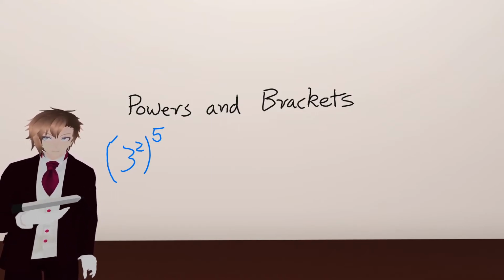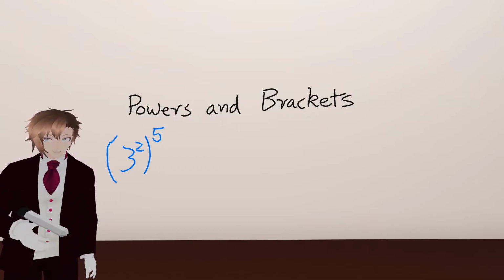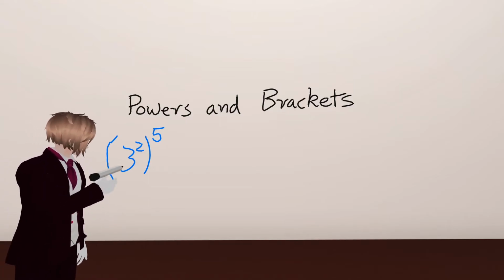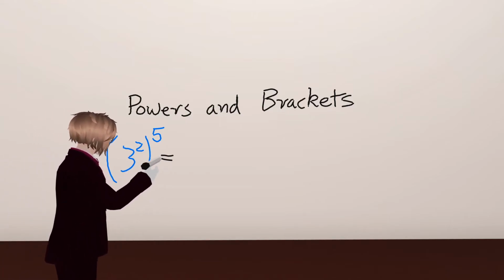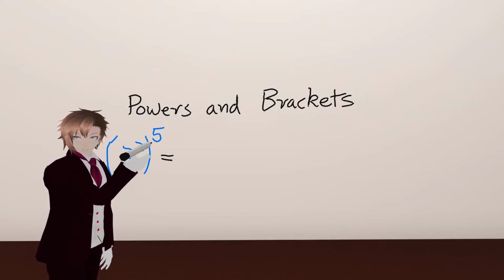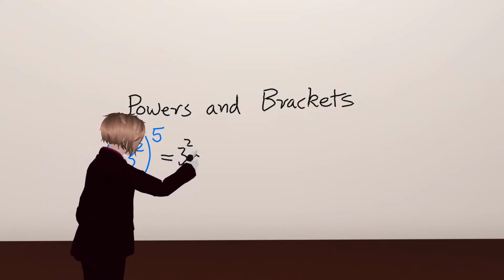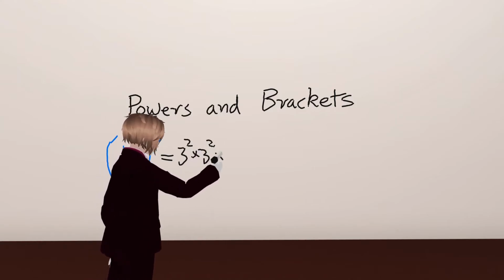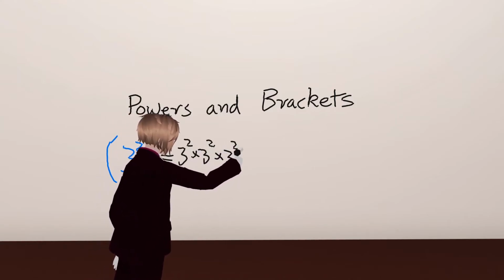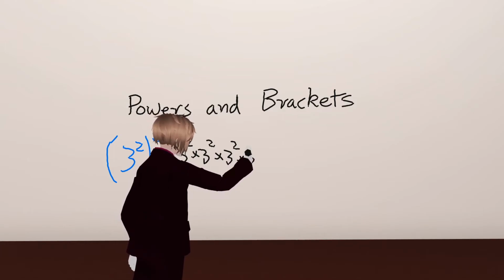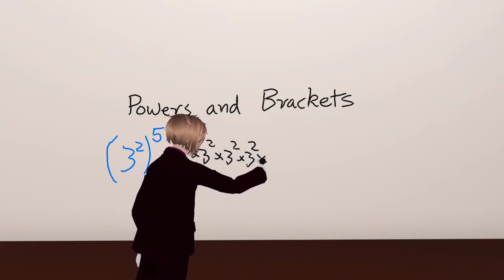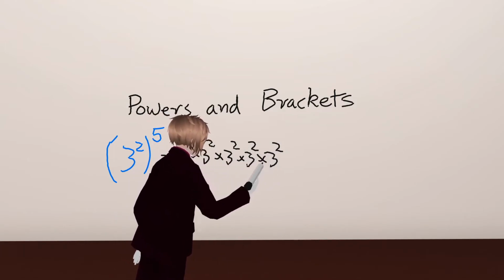Now remember, powers are just extended multiplication. So this is 3 to the power of 2 5 times. So 3 to the power of 2 times 3 to the power of 2, times 3 to the power of 2, times 3 to the power of 2, times 3 to the power of 2.